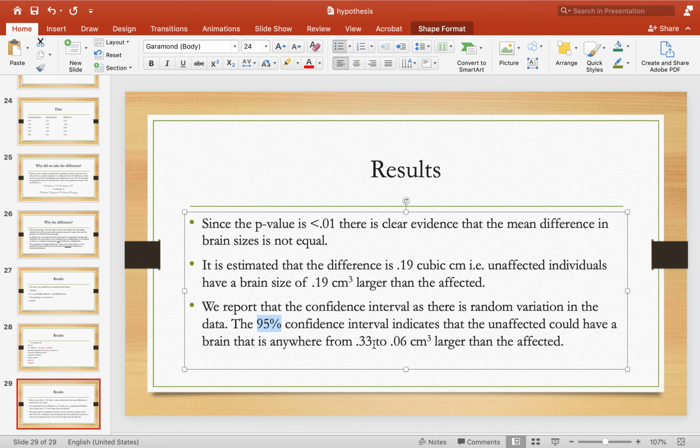It could be 0.33 to 0.06, and this is how most people interpret a confidence interval, but the correct statement is that 95% of the time the confidence interval contains the mean, and that interval ranges from 0.06 to 0.33, but in most executive meetings, you're going to report this.